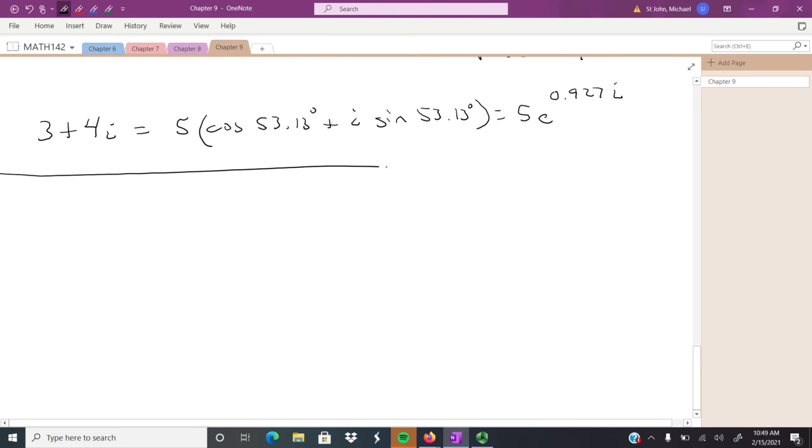So then we talk about some operations with these numbers. First off, multiplying and dividing.